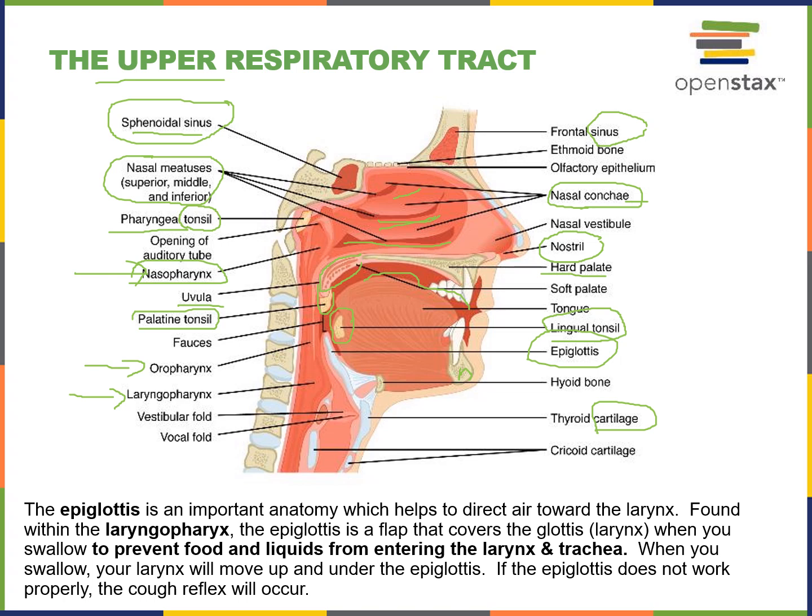And so in this diagram here, right where this arrow is, that would be the esophagus. The vocal fold here, that's the opening to lead into the trachea. This here would be the trachea.